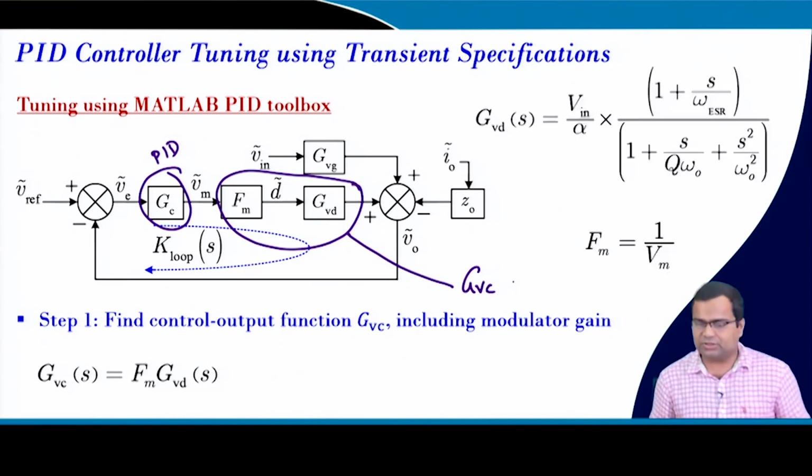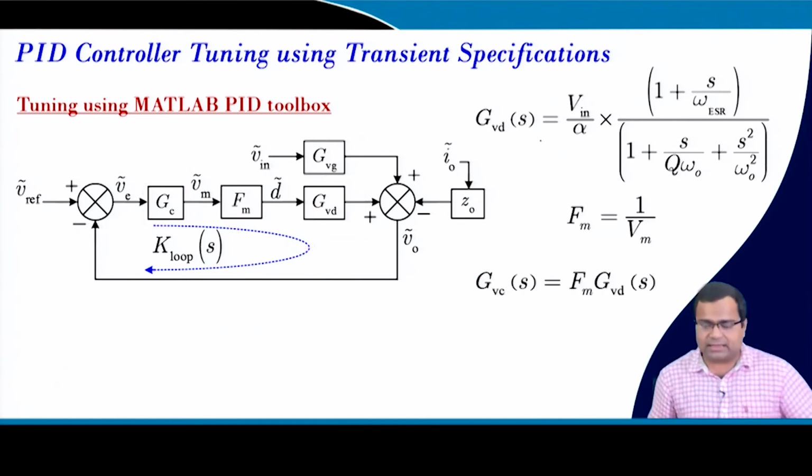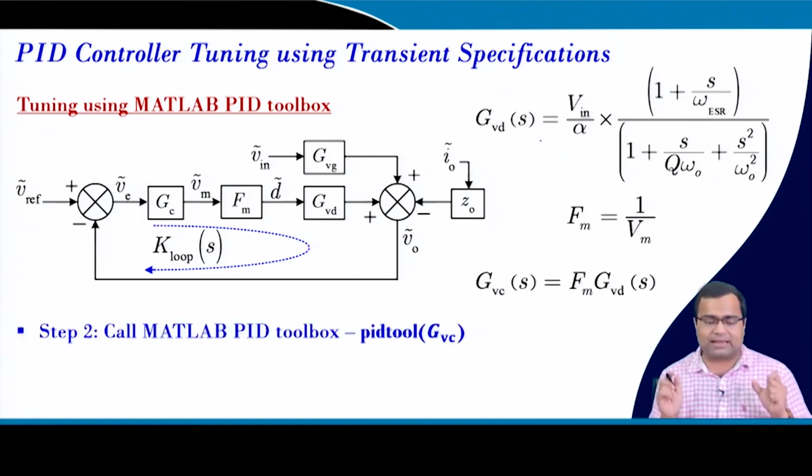Okay. So, the modulator gain expression is this and GVD is this, for the practical converter. Then what we have to do? We have to call the MATLAB PID toolbox.